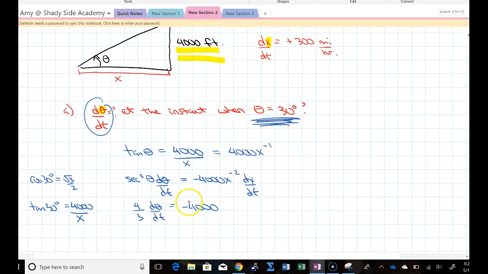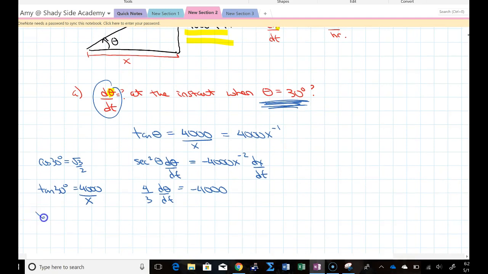That's what we're subbing into our differential equation. x is going to equal 4,000 over tan 30 degrees, which is 4,000 times 3 over root 3, because tan 30 is radical 3 over 3, multiplied by the reciprocal. This becomes 12,000 over root 3.